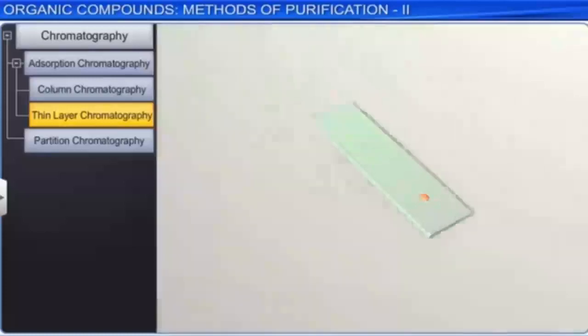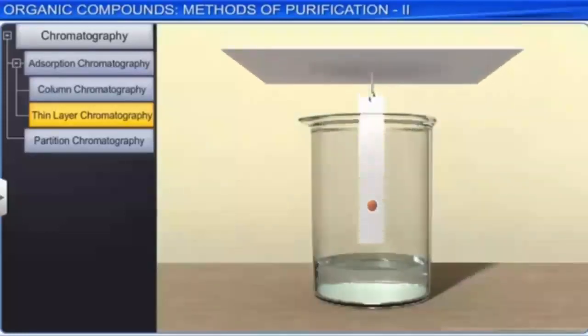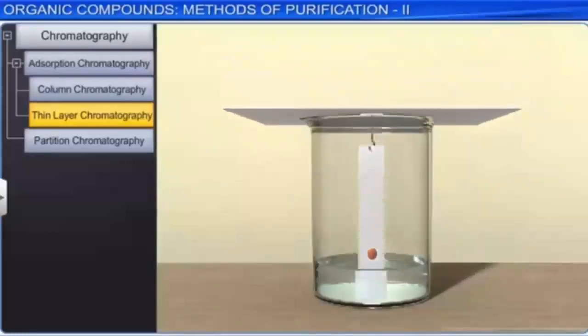Then the plate is placed in a closed container containing the eluent. As the eluent moves up the plate, it causes the components of the mixture to distribute between the adsorbent on the plate and the moving solvent, thus separating the components of the mixture. The relative adsorption of each component in the mixture is expressed in terms of its retardation factor, Rf.